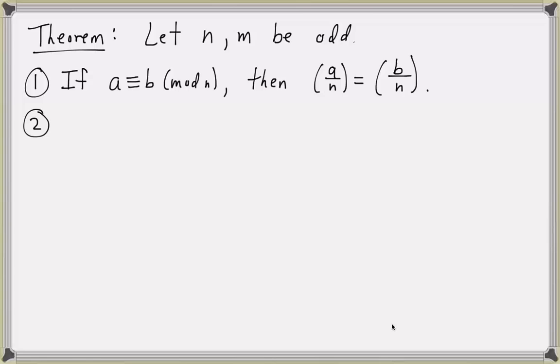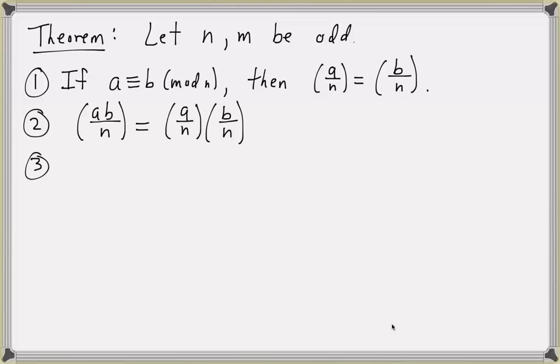Secondly, A times B over n will be equal to A over n times the Jacobi symbol B over n. So the Jacobi symbol, the way we've defined it, still has this multiplicative property. And the next property is unique to the Jacobi symbol.